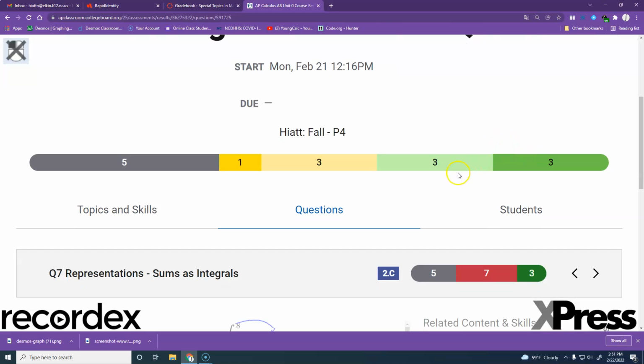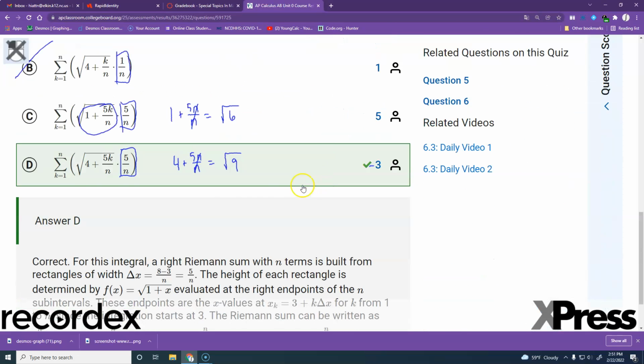So why do we plug the 8 into the x rather than the 3? I'm plugging the n in right here. Oh, I meant like to get the 9 and the 6. So I just plugged in n into what was underneath the square root. So like right here for the n, I plugged that in for the k. Yeah, you got it.